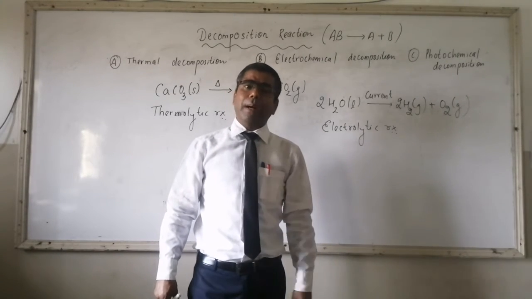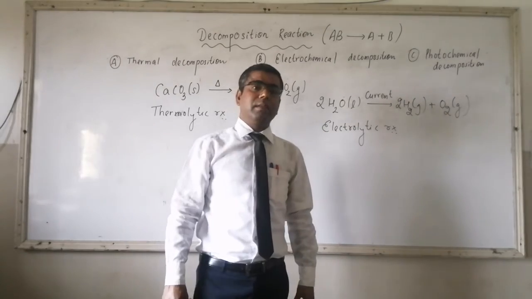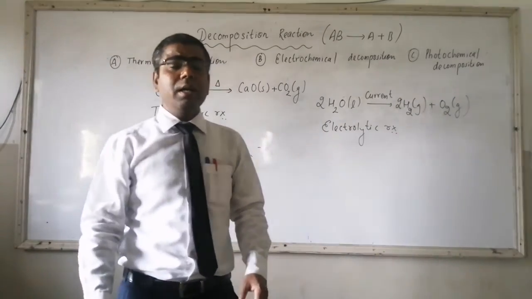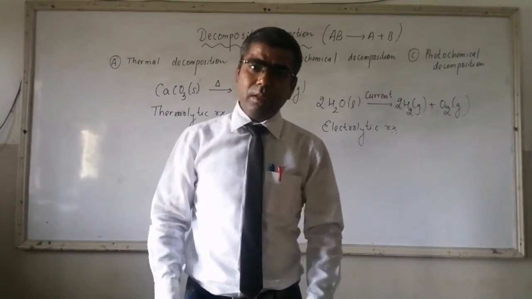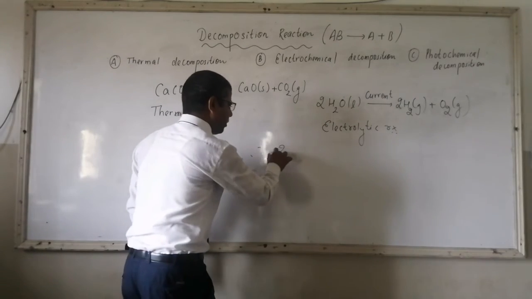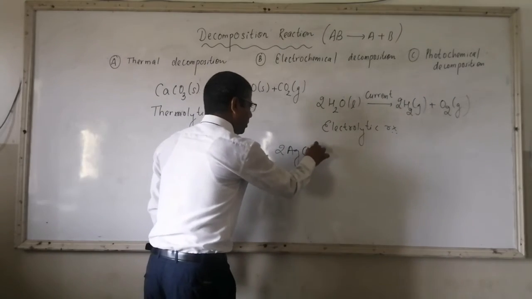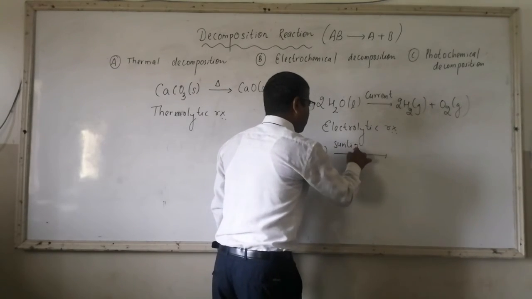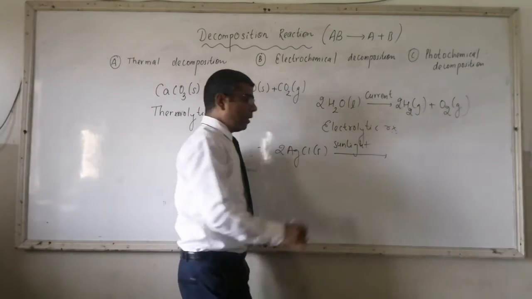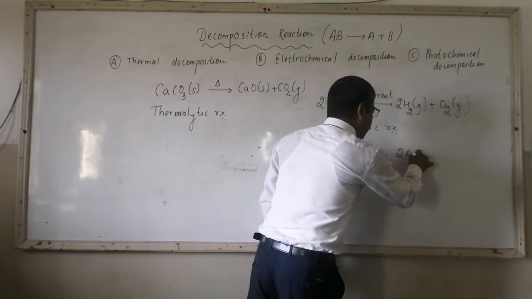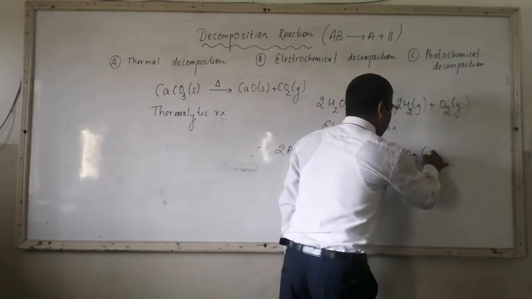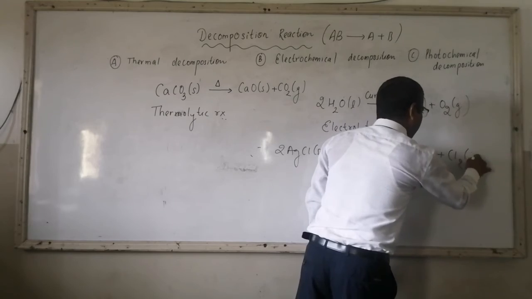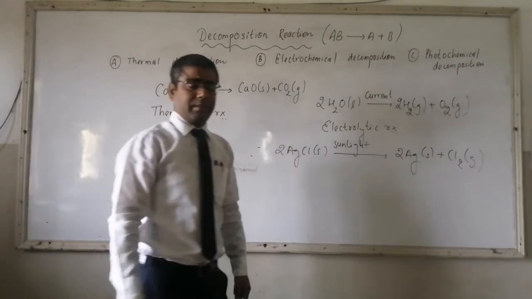We have one chemical compound which is sensitive towards sunlight, and this is your silver chloride, AgCl. So AgCl solid, when exposed to sunlight, gets converted to its constituent elements, that is silver solid, with the release of Cl2 gas.